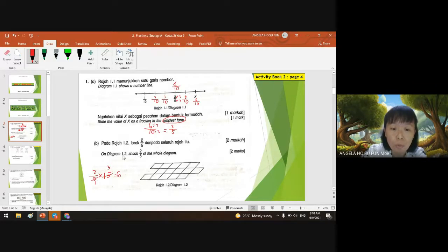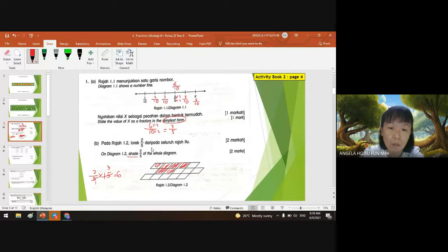So they ask you to shade. Don't leave your answer 6 like that without shading the diagram. You can shade anywhere, as long as there are 6 parts that you have shaded: 1, 2, 3, 4, 5, and 6. Any 6 parts from the whole diagram.